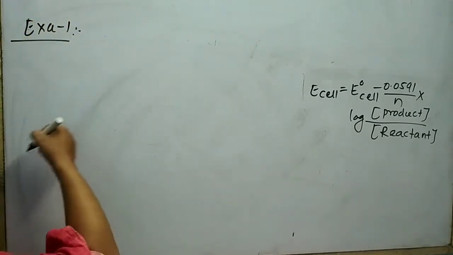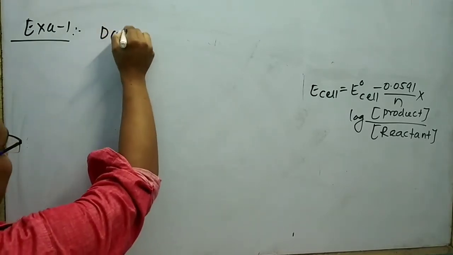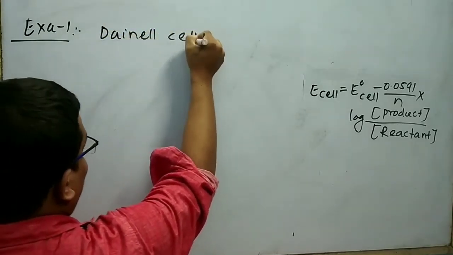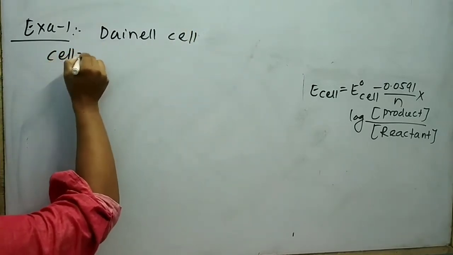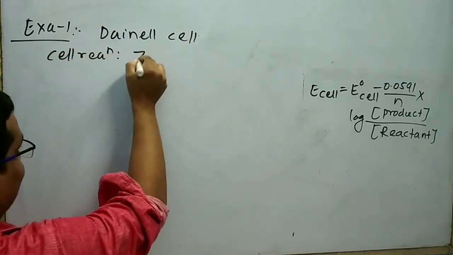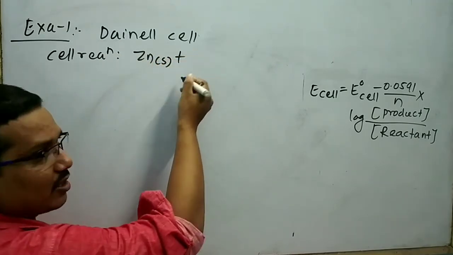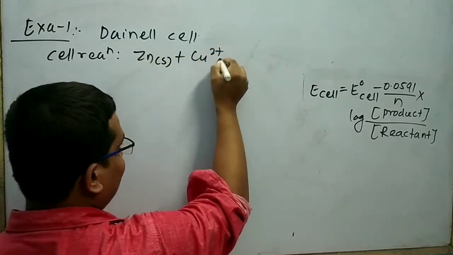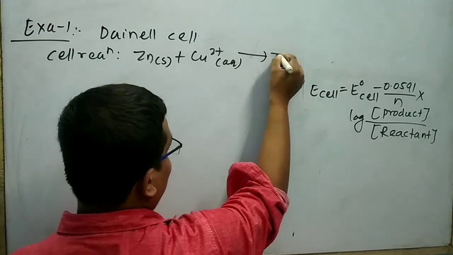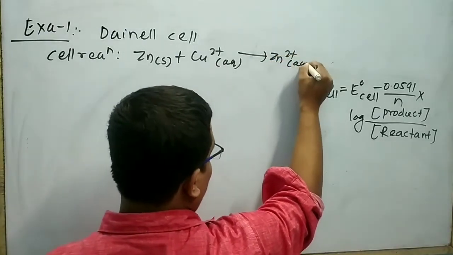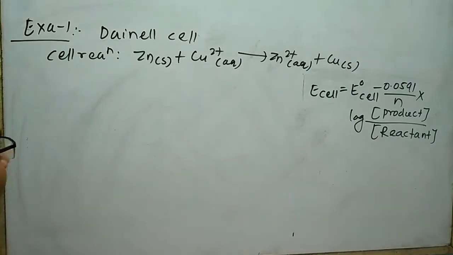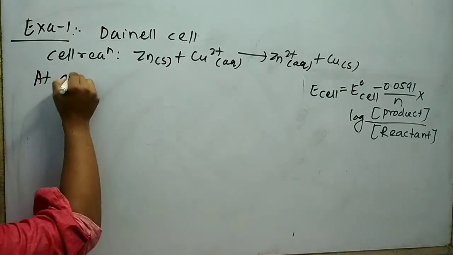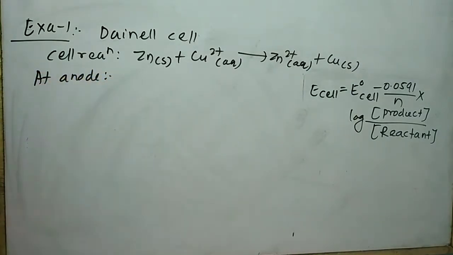Suppose I will take example number 1, Daniell cell. In Daniell cell, the cell reaction is your Zn solid plus Cu2 plus aqueous gives Zn2 plus aqueous plus Cu solid. At anode oxidation reaction takes place.